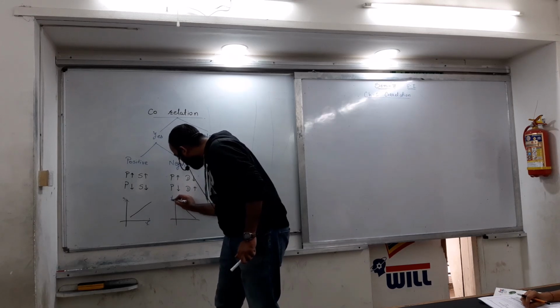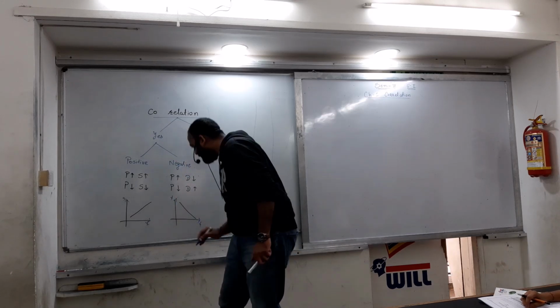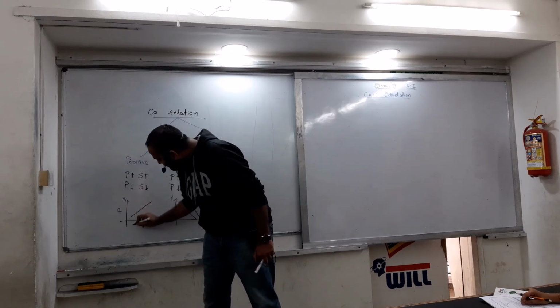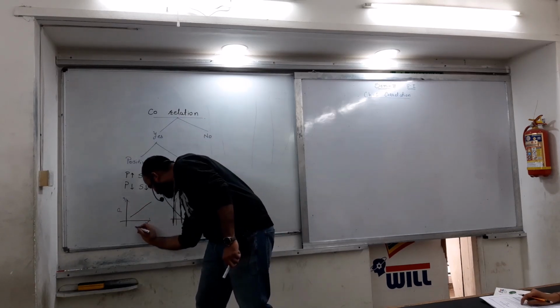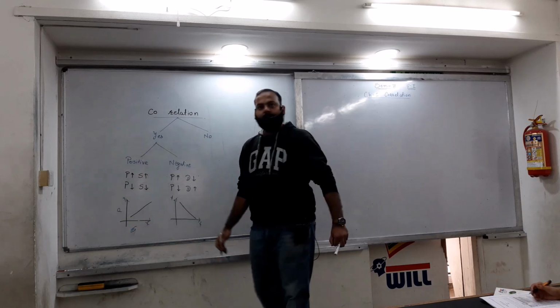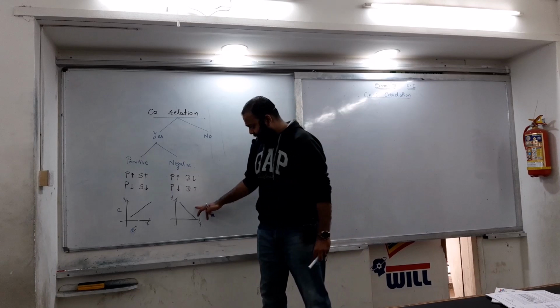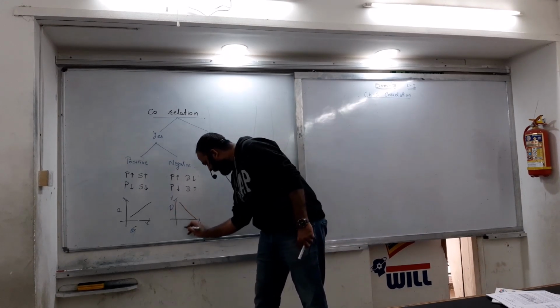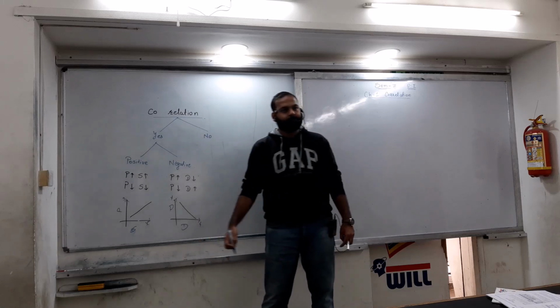Same way, this is y and this is the x-axis. If on the y-axis it is price and on the x-axis it is quantity of supply demanded.